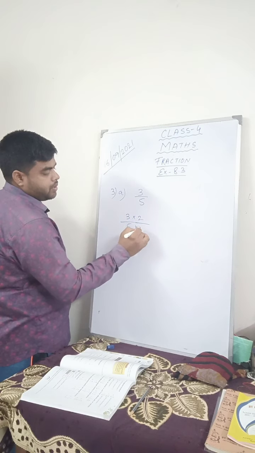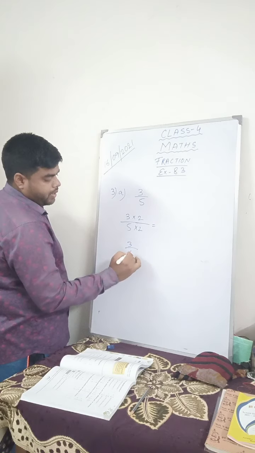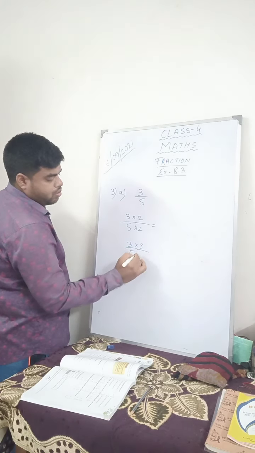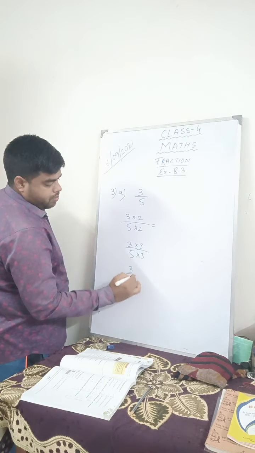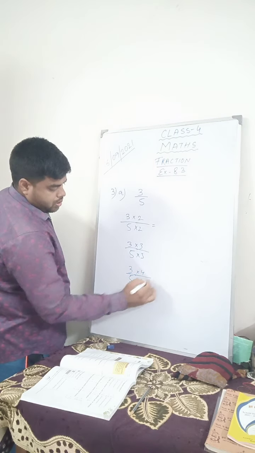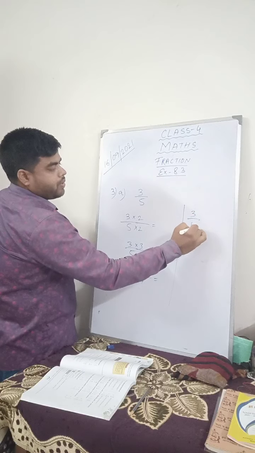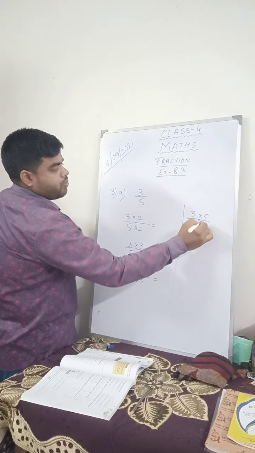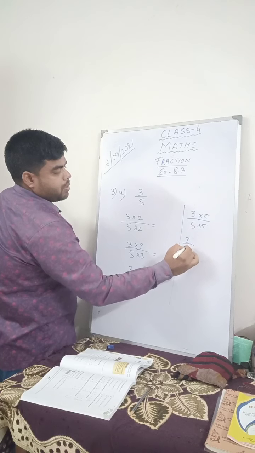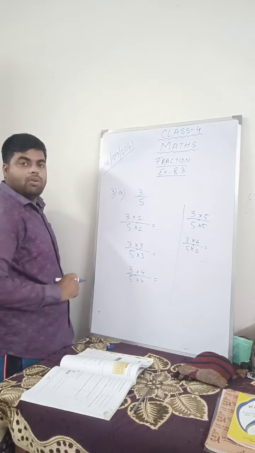So you will write 3 by 5 into 2. This is your first equivalent. Then 3 by 5 into 3, 3 by 5 into 4, 3 by 5 into 5, 3 by 5 into 6. So now you write the answer.